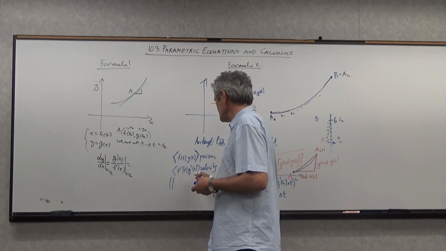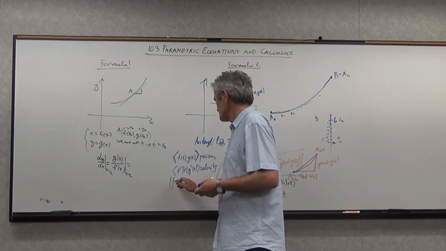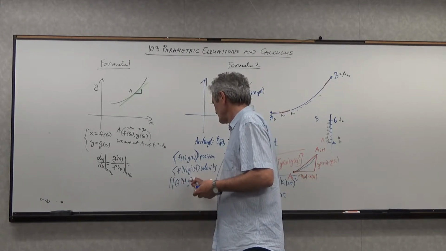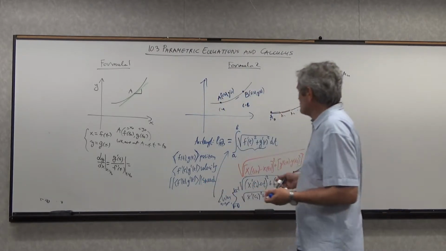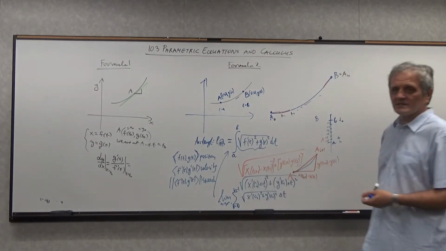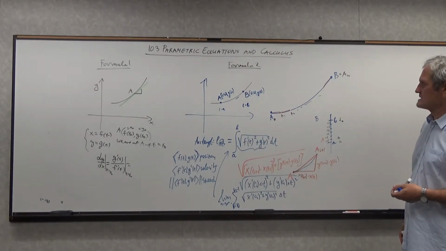Magnitude of velocity, and that's exactly what this is. This is magnitude of velocity. It's actually speed. So what do you do here? You take speed times time to get distance, and then you add up little distances and you get the sum. So mechanically, it also makes sense.